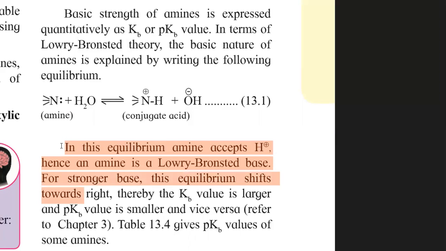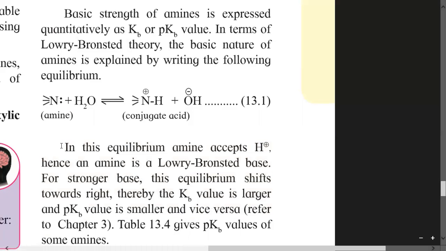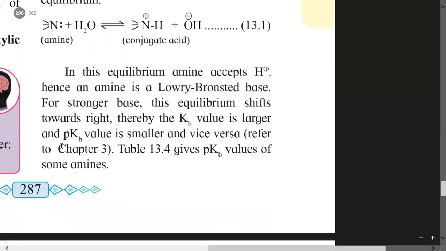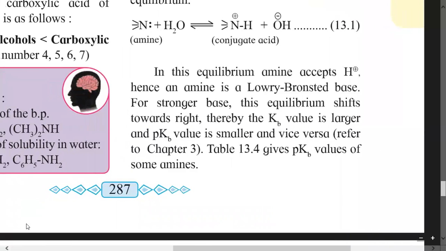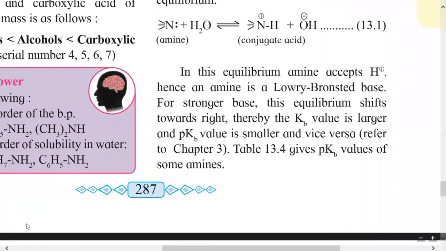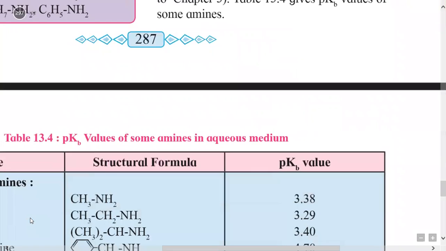For a stronger base, this equilibrium shifts towards the right, thereby the Kb value is larger and the pKb value is smaller, and vice versa. We will study some examples of Kb and pKb values for different amines.